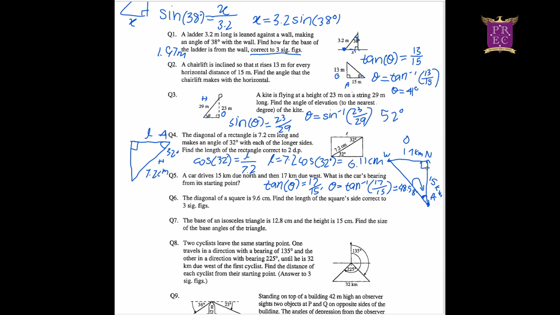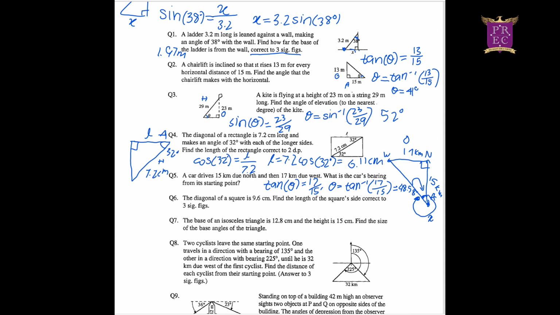Now we need to find out what the bearing is. To find the bearing, we're starting from here and going all the way over here. So we need to find out what this angle is, and we know that this angle is 48.58. Since x plus 48.58 makes a full circle, we need to take away 48.58 from 360.